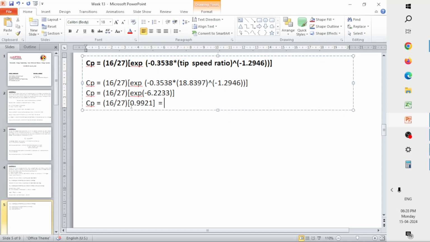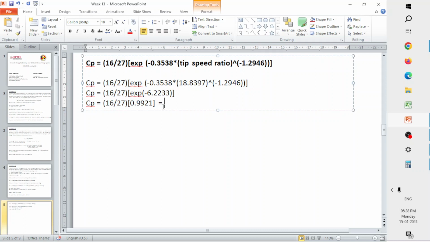Are you guys also getting the same value of this expression? Oh, okay. Actually I calculated here using my scientific calculator. You can check this once you have the scientific calculator with you.